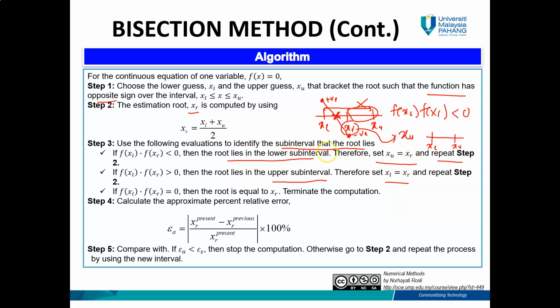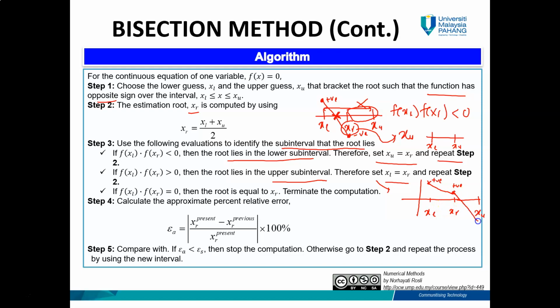But for the second case, for example, we have here xl, xr and xu. In this case, if you see f(xl) f(xr) greater than 0, it means, for example, that this one is a positive value and this one is also a positive value. Because positive multiplied by positive is greater than 0, when you plot this one, it will not cross the x-axis here.